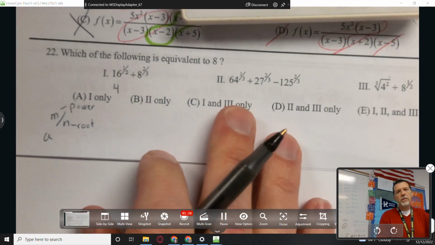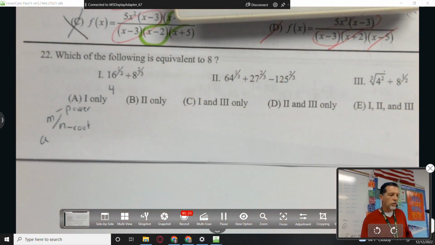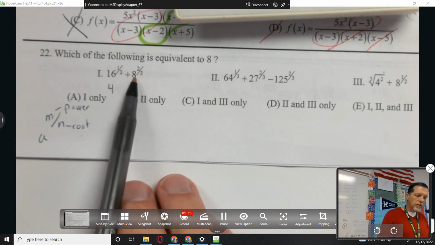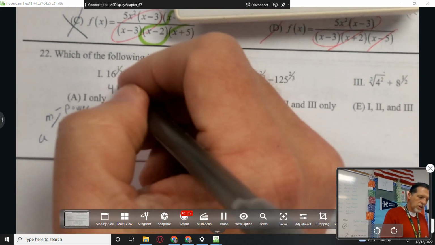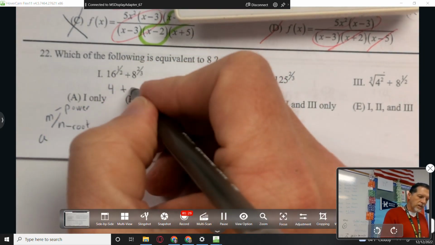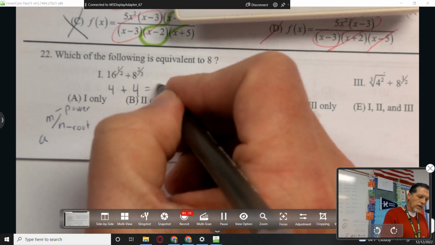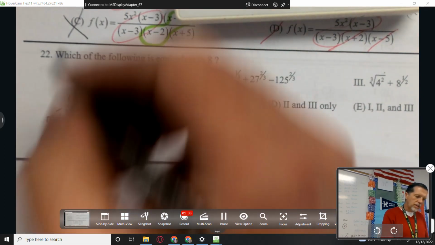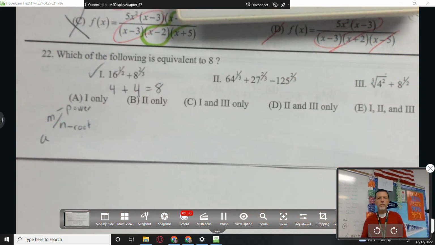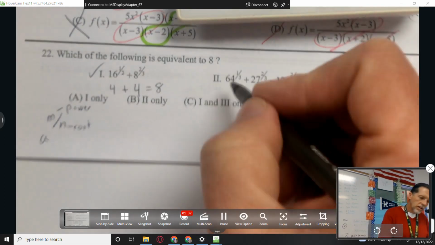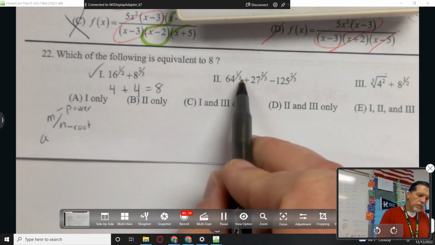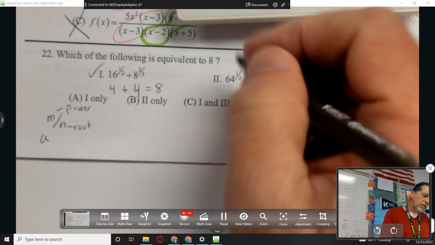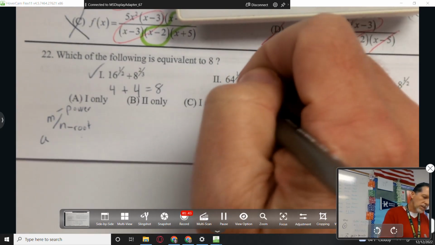You guys remember the varying amounts of work to show here. The cube root of 8 is 2. And 2 squared is 4. So that does equal 8. So 1 is true. 64 to the 1/3. So that's the third root of 64 is 4.